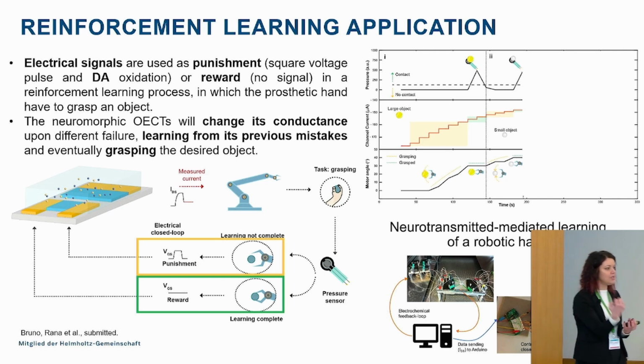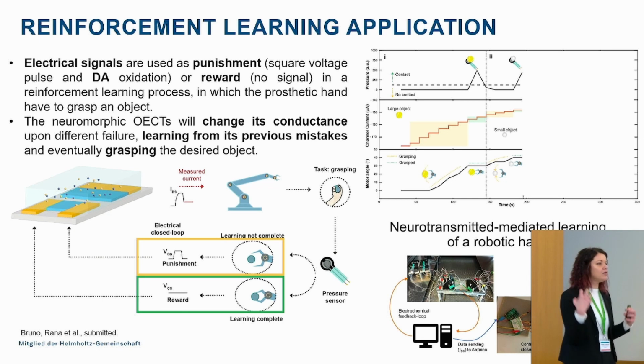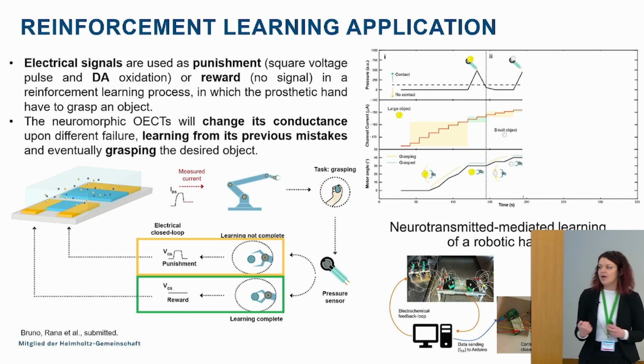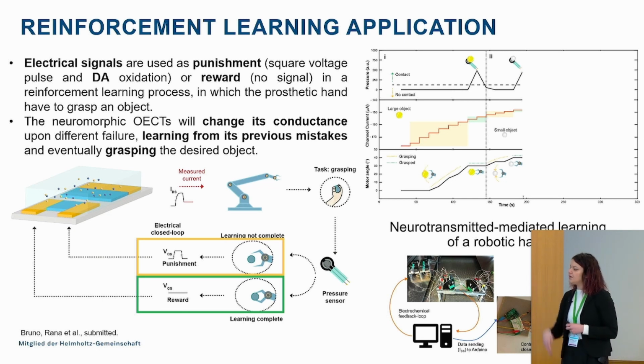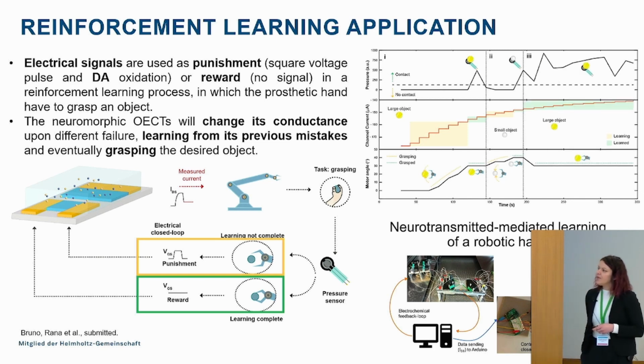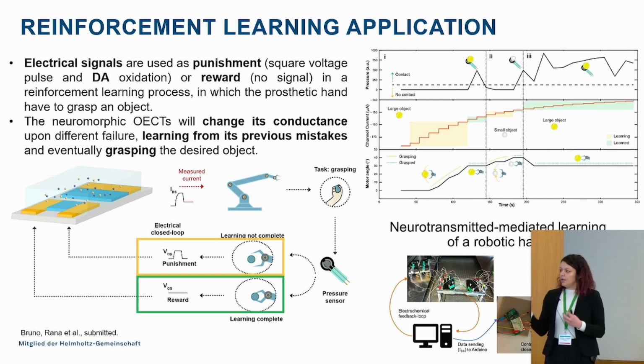Until the pressure sensor gave us a green light that the pressure applied was such that the grasping was correct, we would impart a punishment signal until we got a reward one.